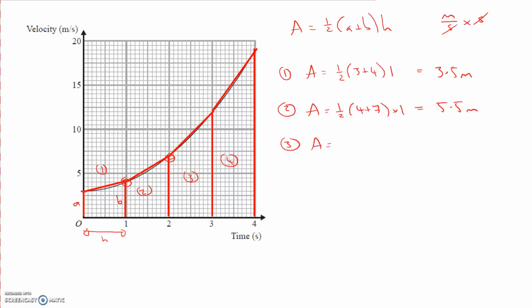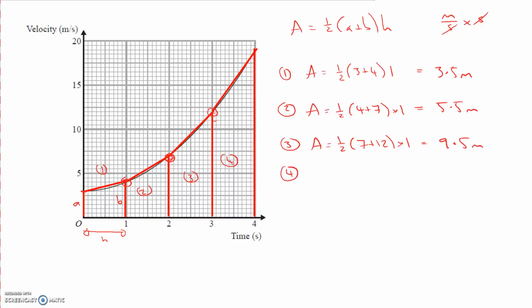Right, number 3. We've got area equals half a plus b. This time we've got our 7 and 12. So we've got half of 7 plus 12 times 1. That gives me half of 19, which is 9.5 meters.